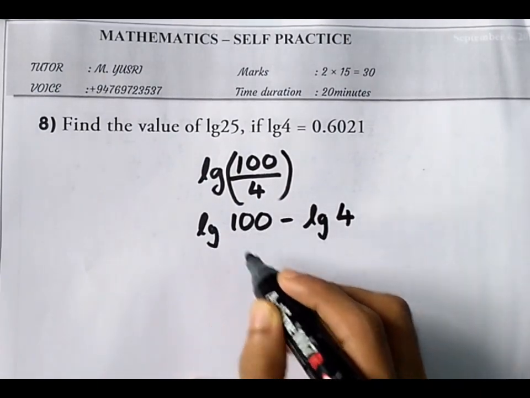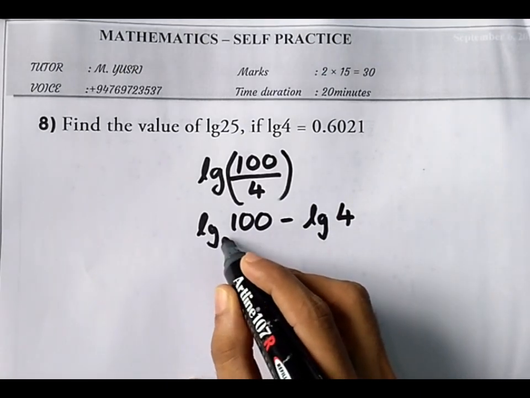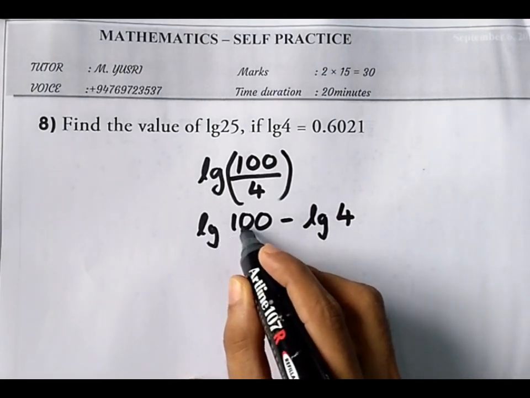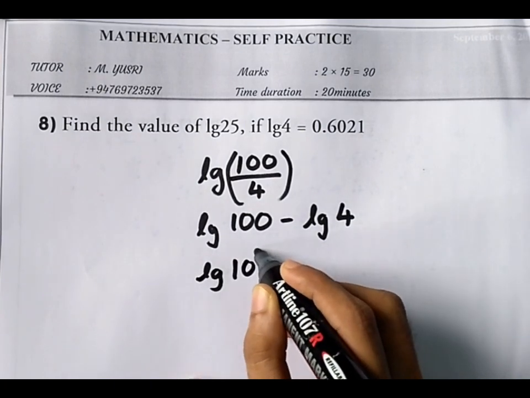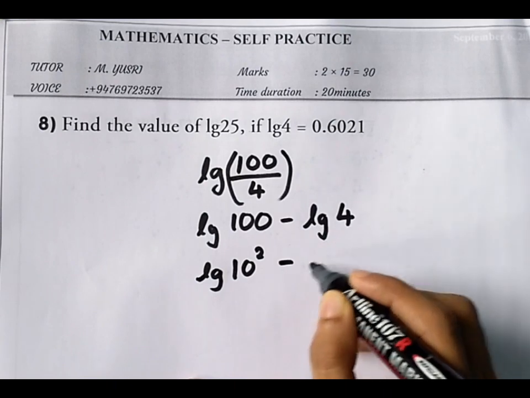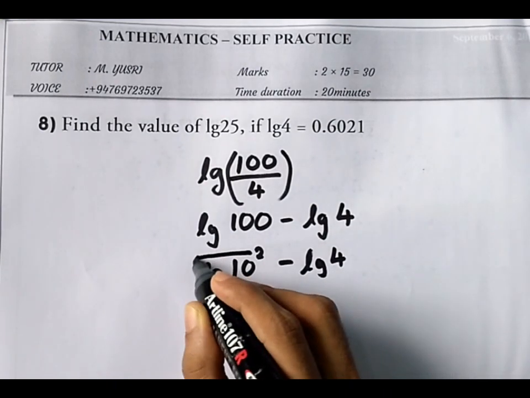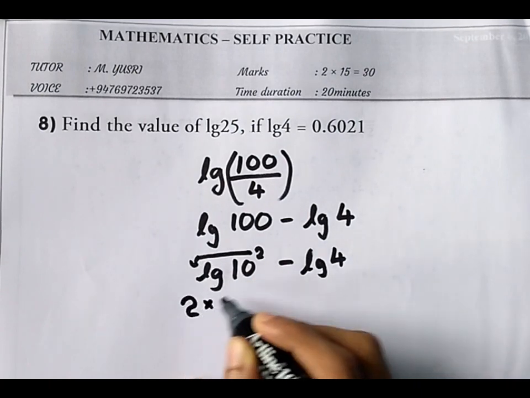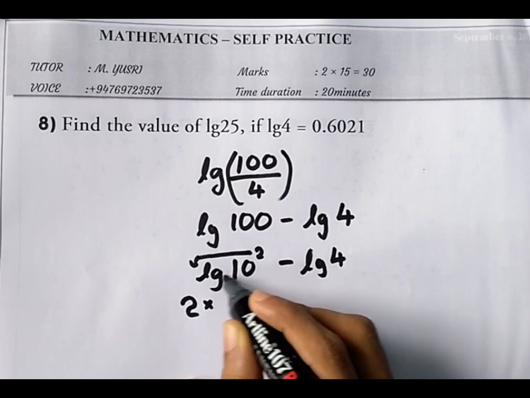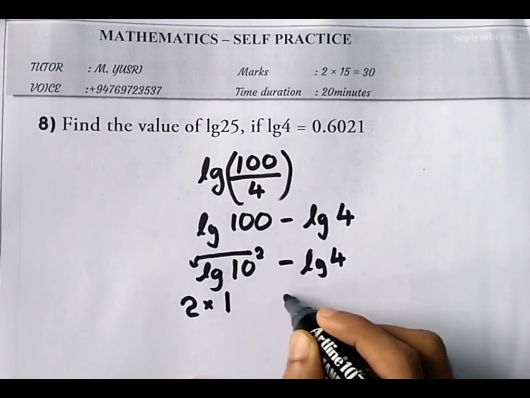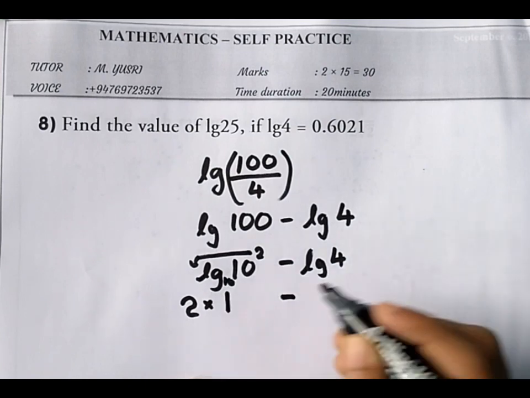So log 100, what is the answer? The base of this log is 10. Can we write this 100 in terms of 10? Yes, that's easy. Log 10 squared, minus log 4. Now we can take this 2 as a coefficient. The direct value of log 10 is 1, because the base is also 10 and the value is also 10, so that equals 1.